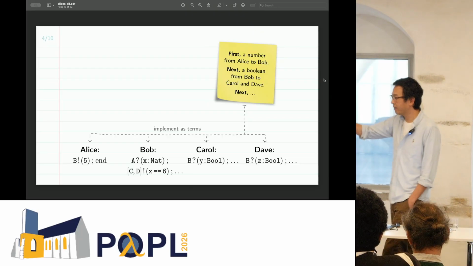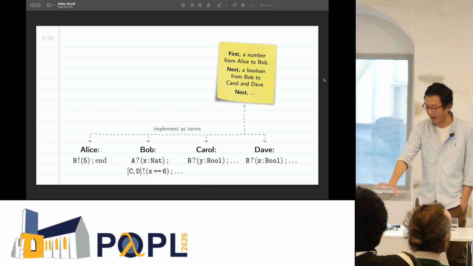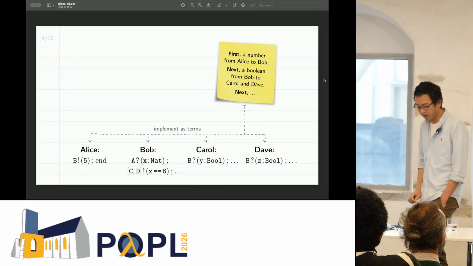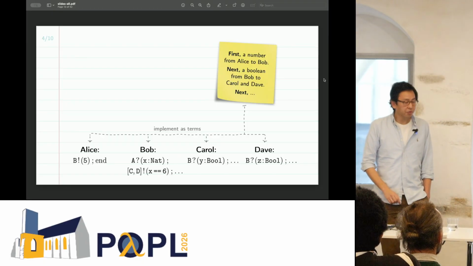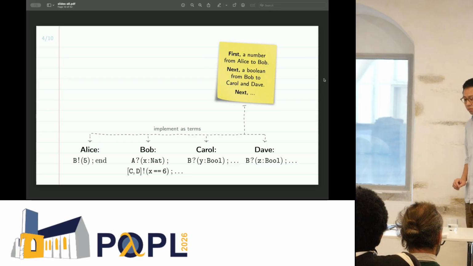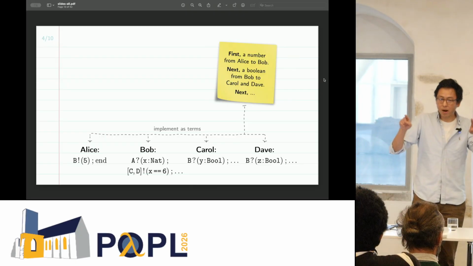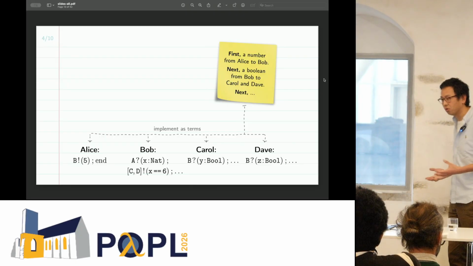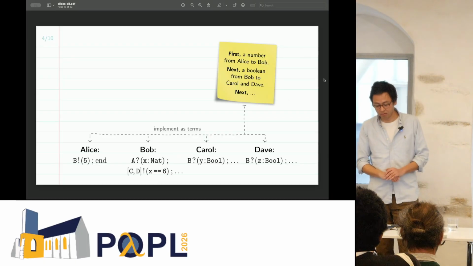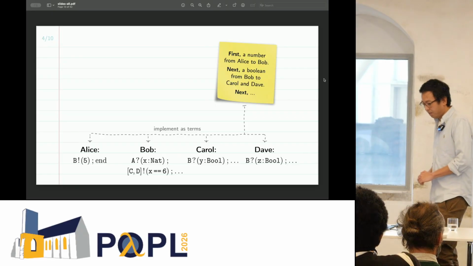Sends are represented by the exclamation mark, receives are represented by the question mark, right? So Alice starts by sending value 5 to Bob, and Bob correspondingly starts by receiving a value from Alice stored in variable x, which is supposed to be of type nat, so it's a number. Okay? I'm also using this square bracket notation, which is just syntactic sugar for multicast, essentially, but the details don't matter so much. Okay? So we'll have terms that implement the protocol.